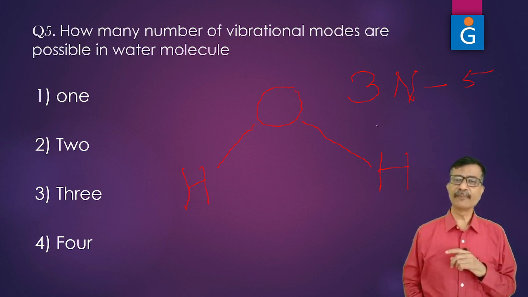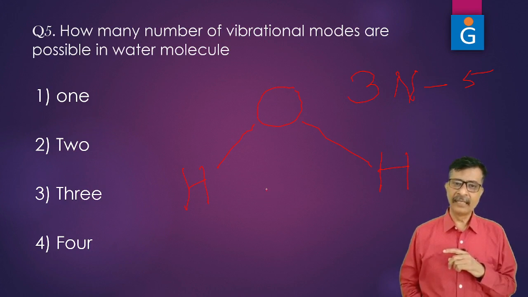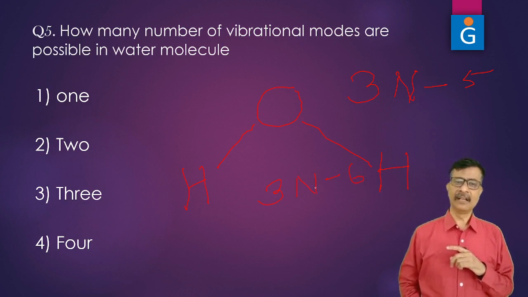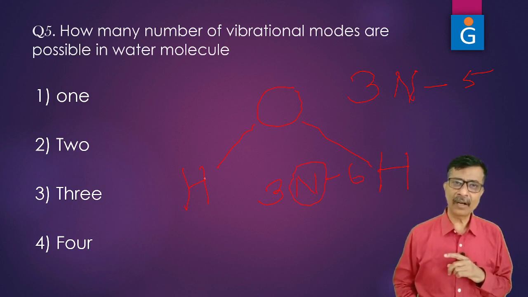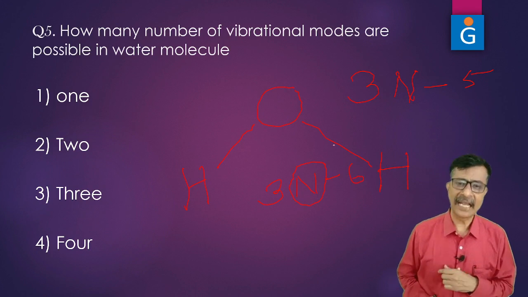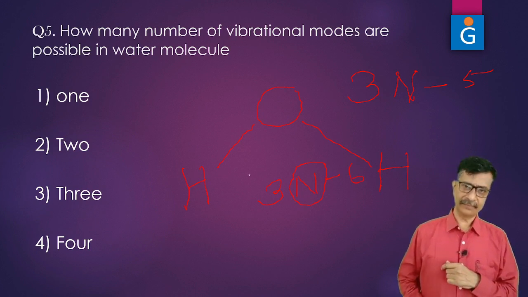And in case of non-linear, like water, the number of vibrational modes is 3n minus 6, where n stands for the number of atoms in that particular molecule.